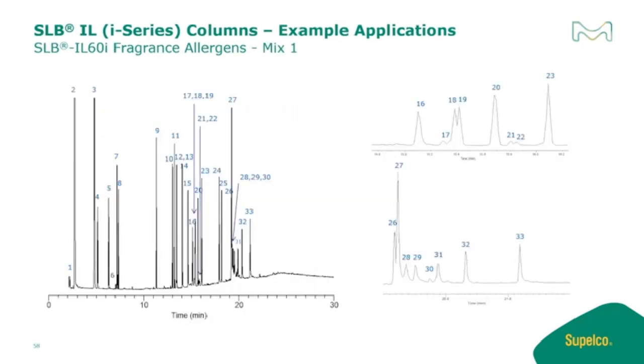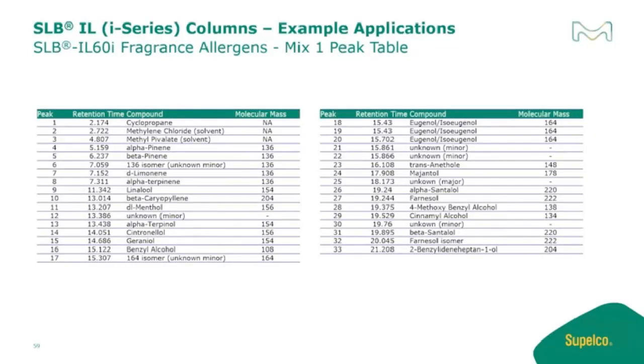And here's just some examples looking at the SLB-IL60I, what we call mix 1 of the fragrance allergens. Again, these are the allergens that are going to be monitored, ranging from things like cyclopropane, terpenes, limonene, linalool, santalol, farnesol, just examples of what's in that particular mix.